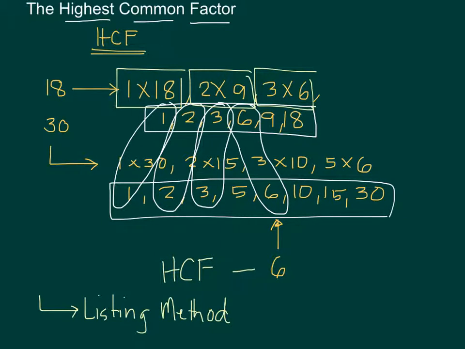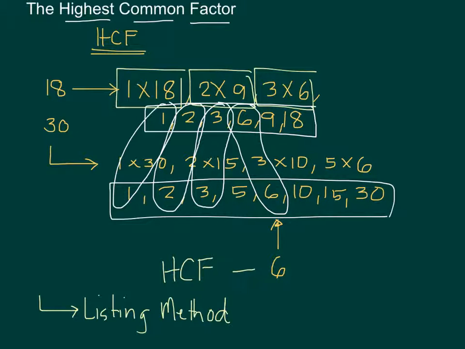Like I should know that 18 is 1 times 18, and also 2 times 9 and 3 times 6. Same with 30. And sometimes getting the correct combination that will give us the product can be difficult if the numbers are big already, or you might miss a factor.